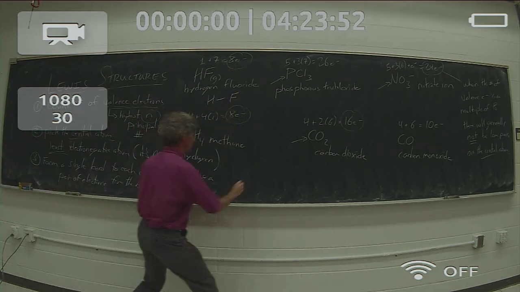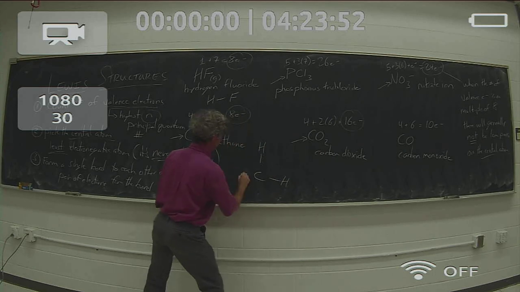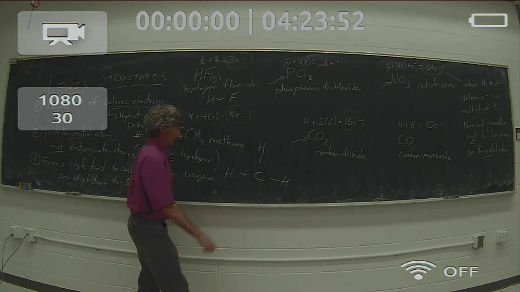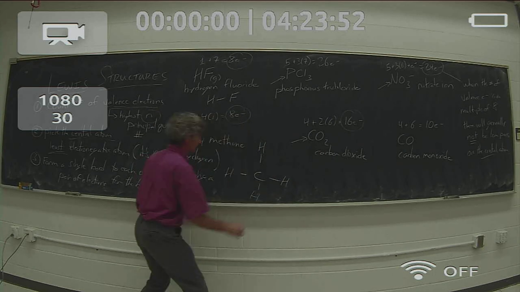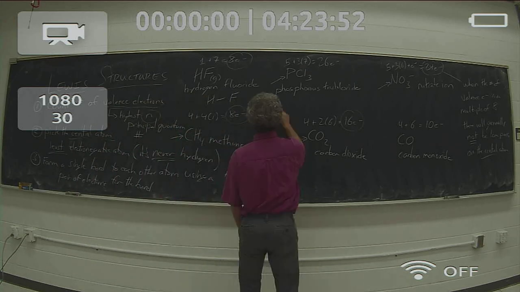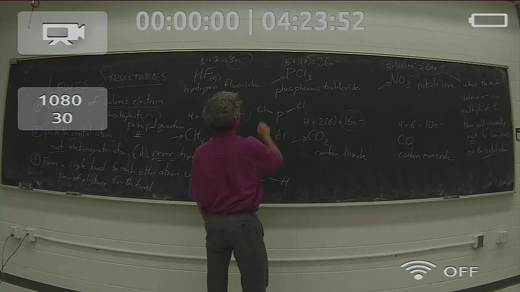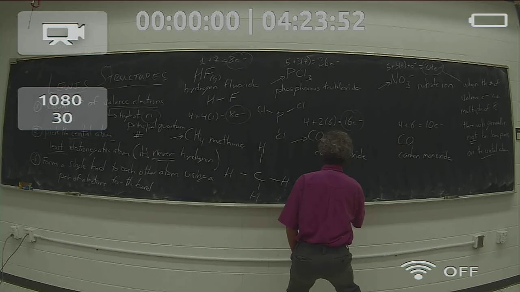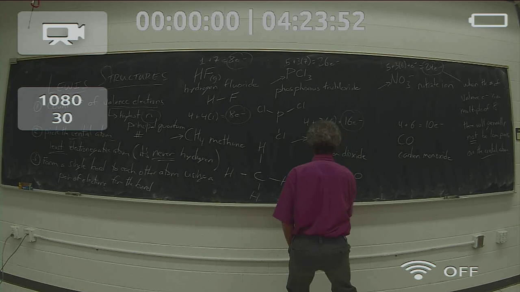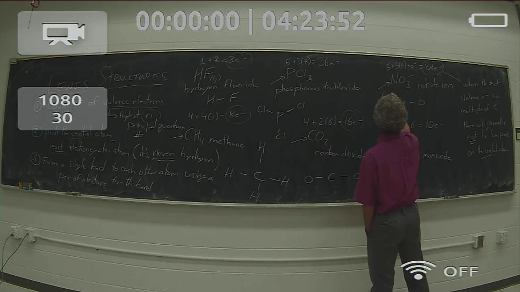We'll put the carbon here, and we'll form a single bond to each of the hydrogens. We'll put the phosphorus in the middle, and we'll form a single bond to each of the fluorines. Put the carbon in the middle, form a single bond to each of the oxygens, nitrogen in the middle, forming a single bond to each of the oxygens.